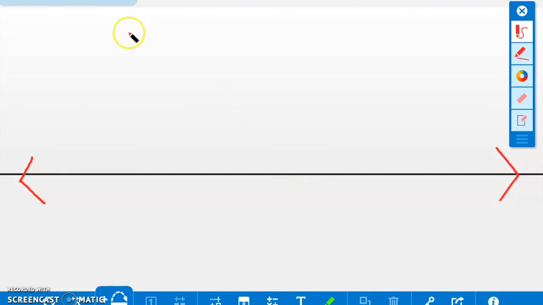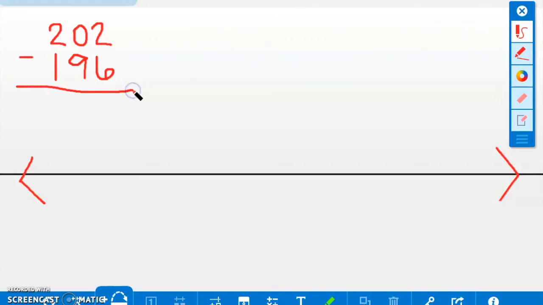So if you have the problem 200 minus 196, and you wanted to decompose these numbers by adjusting them, it would be easier to solve and you would get the same answer.